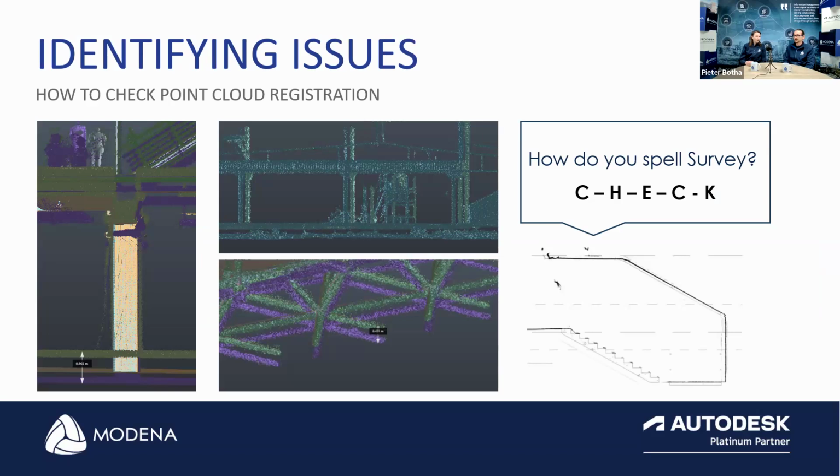Another way you can check your point cloud is by taking it into your software and taking some sections throughout your point cloud. What helps is to put your different scan positions, or different loops in the case of SLAM scanning, in different colors, and then working through those sections to see, does this data line up?